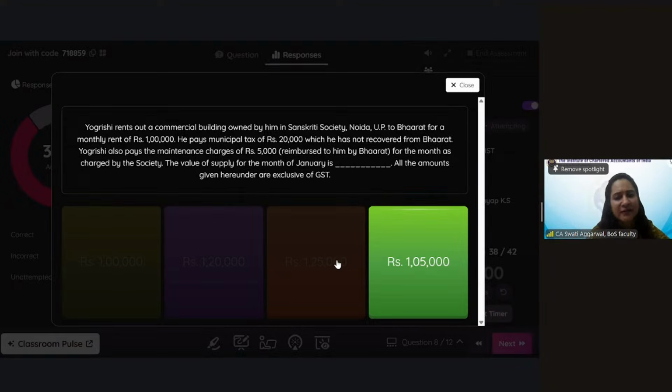So the correct answer is rupees 1,05,000. Am I clear to you? Is the concept clear?